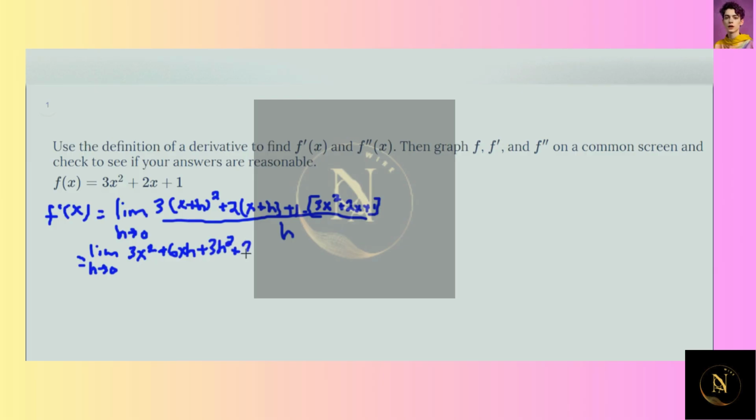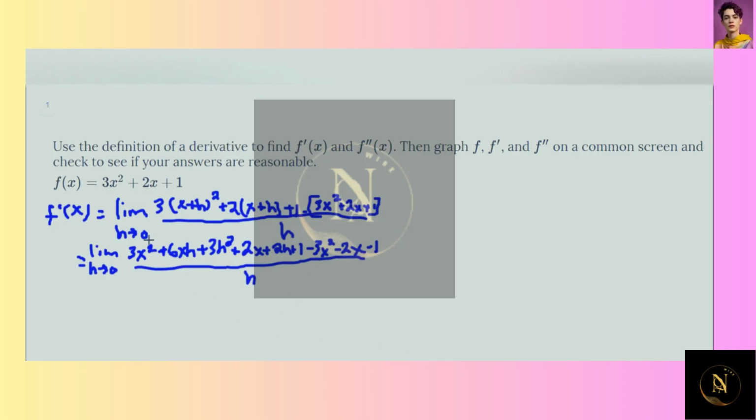Then we're going to multiply and distribute the 2 here, 2x plus 2h, and then we have a plus 1. And then in this part here, we're going to distribute the negative 3x squared, negative 2x, negative 1. And this is all divided by h.